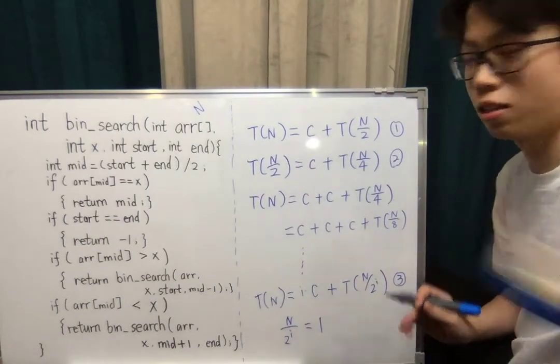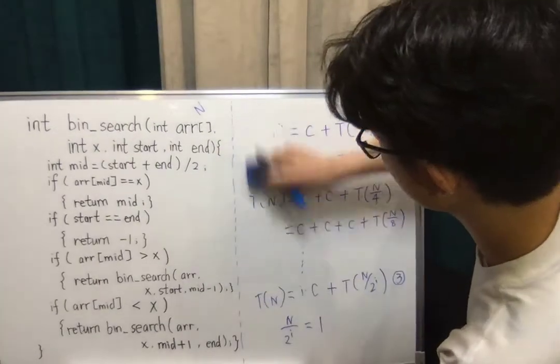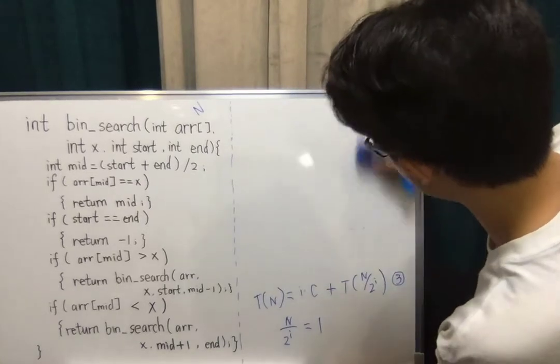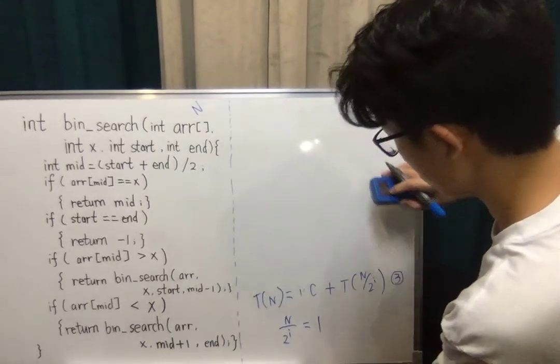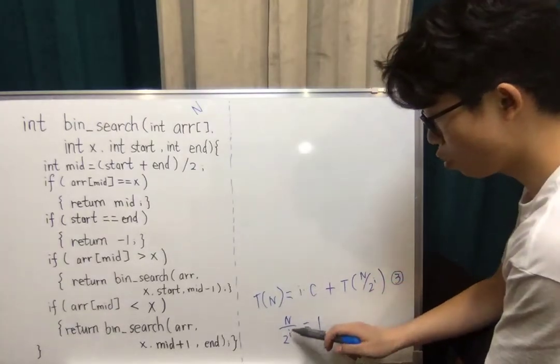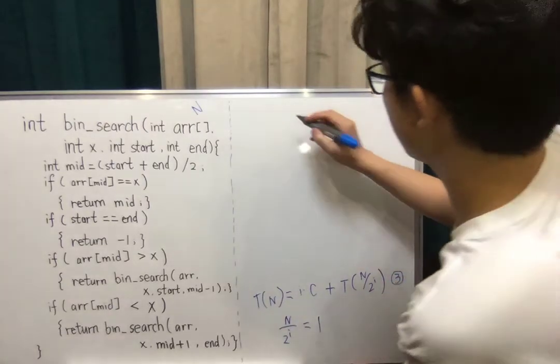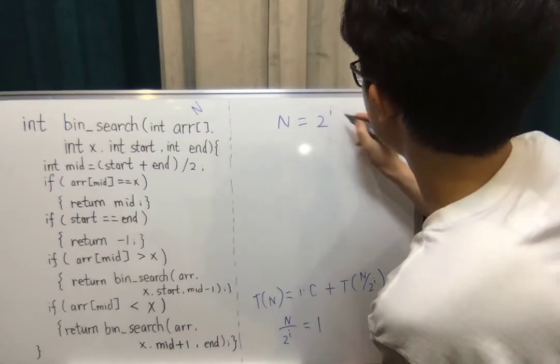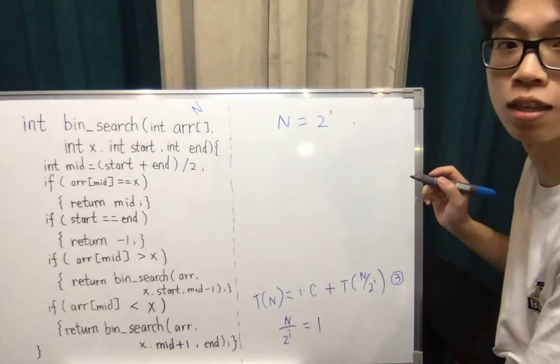Okay, let's erase these things. So if n over 2 to the i is 1, we will get n is 2 to the i, right?